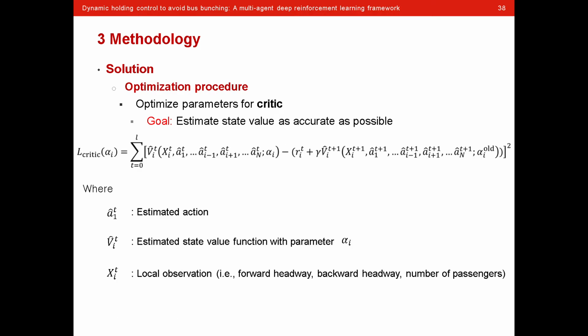Another is the optimization of the critic. The goal of this part is to estimate the state value as accurately as possible, because the critic is used to estimate the state value of the actor. If the estimation is not accurate enough, the update of the actor will not be accurate enough. This uses a deep Q-learning based method, so this is also very straightforward.